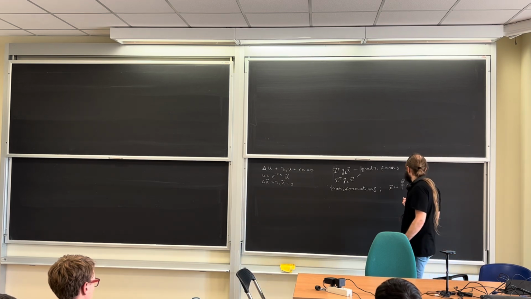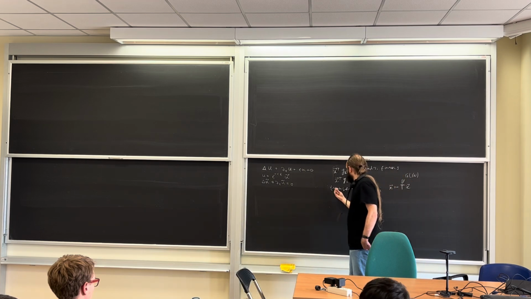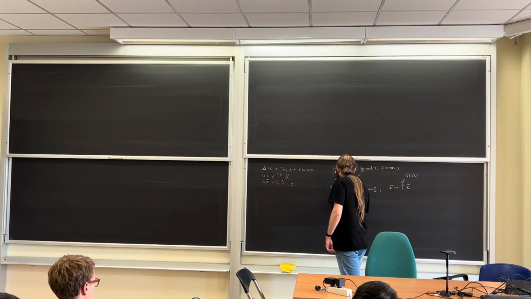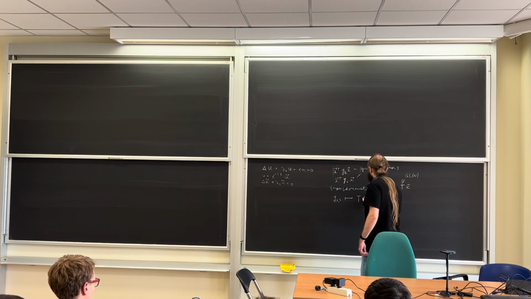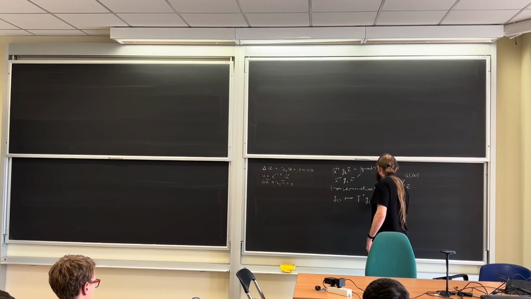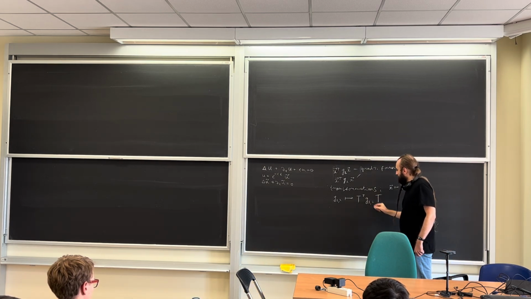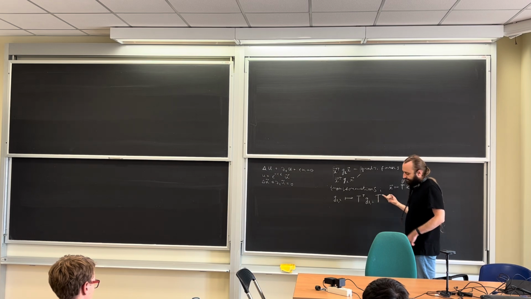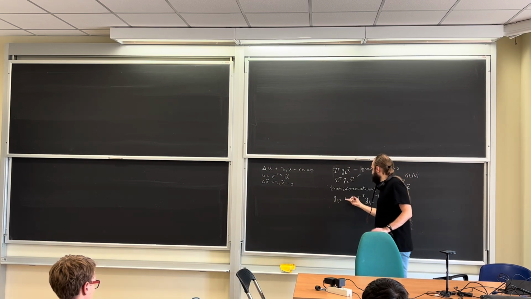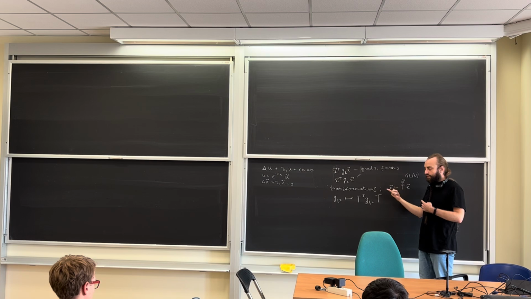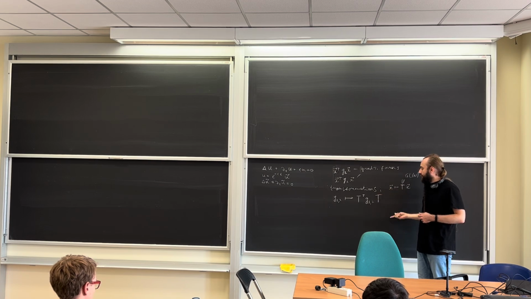And this transformation transforms G1 and G2 to T transposed G1 or 2 T. And in principle, we can do the Gram-Schmidt procedure, which gives us some triangular matrix T.